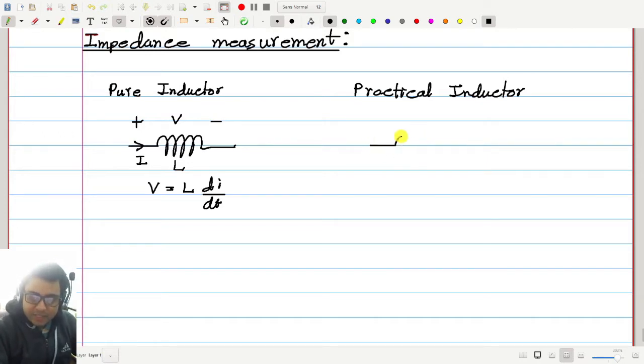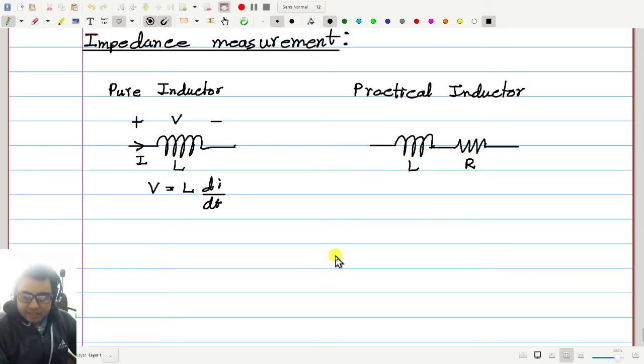Okay, so a practical inductor is a series combination of the inductance and a resistance, which may include the conductor resistance.